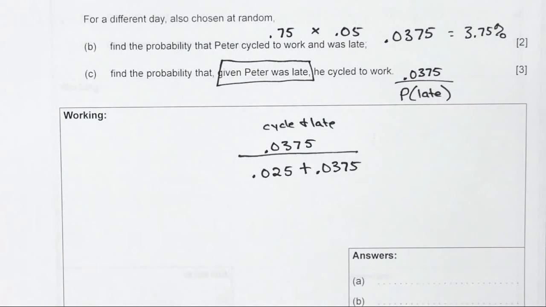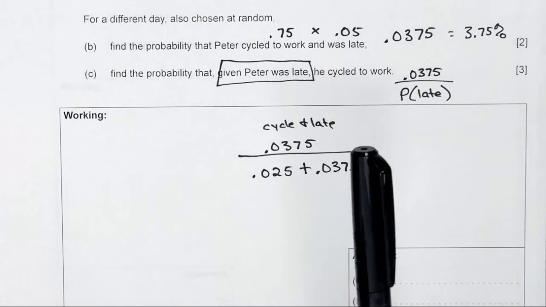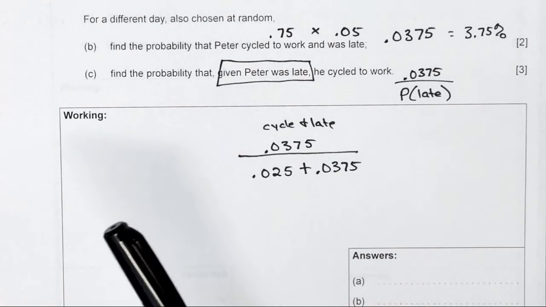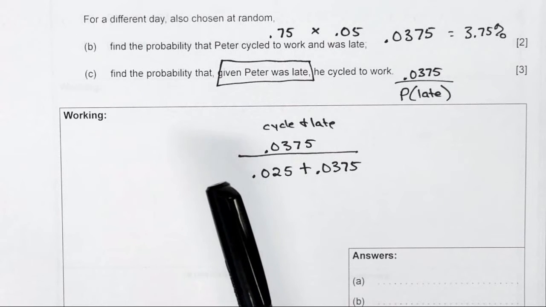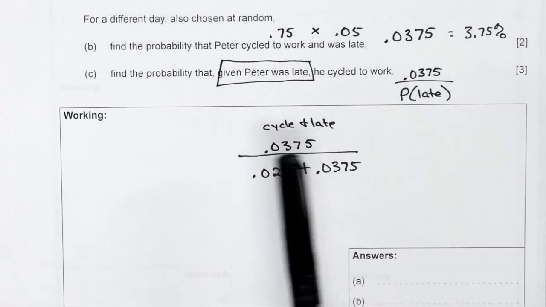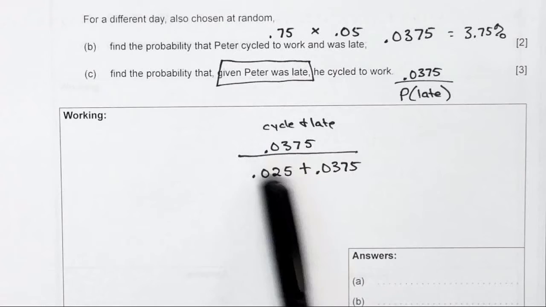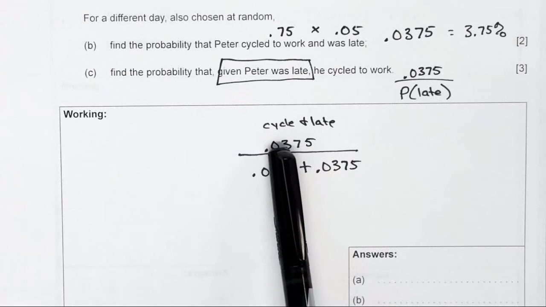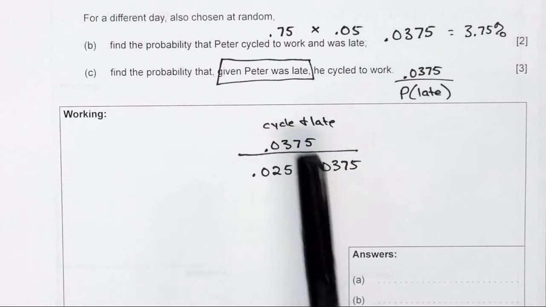This one was highly missed, and I see why. It's worded very strangely. A lot of people just put the 0.0375 again. The way they worded it really was strange. This is the probability that he was late overall. This was if we include cycling and that he was late.